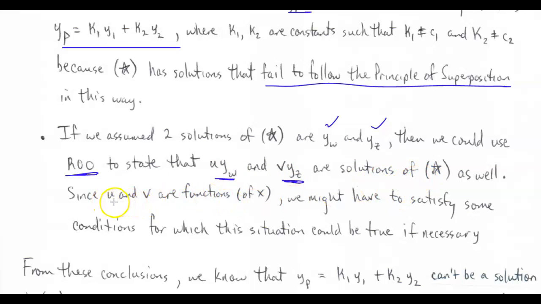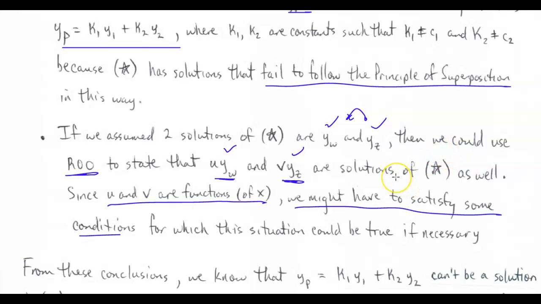And we know that since u and v are going to be functions of x, we may have to satisfy some conditions to force these two solutions to all kind of work in our grand scheme of trying to find solutions for the non-homogeneous ODE. So in other words, I'm just saying if we force some things to happen through the process of working everything out, we may have some specific conditions that we need to satisfy. Okay.